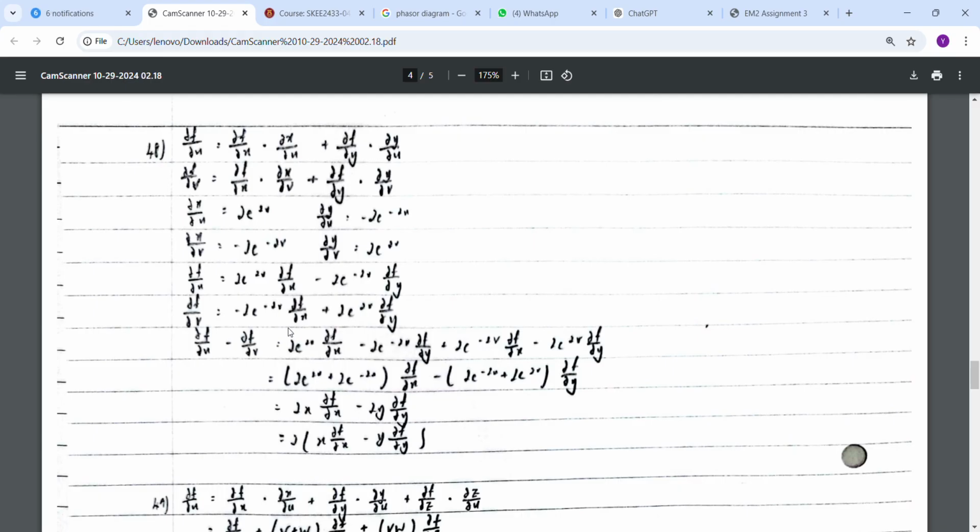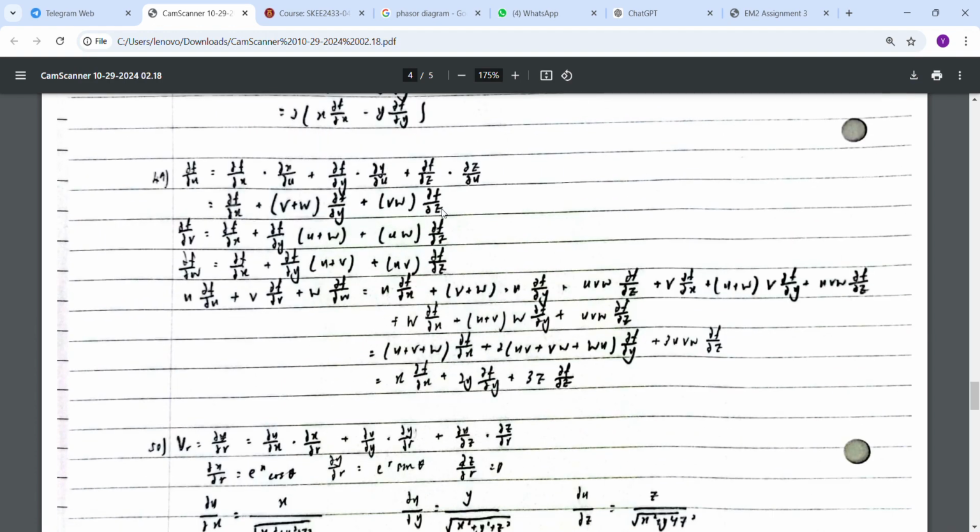Because the question did not give us the value of f, for all the partial derivatives like df over dx and df over dy, we will eliminate them in constant form, in terms of delta f per delta x and delta f per delta y. For question 49, we are required to find delta f over delta u.